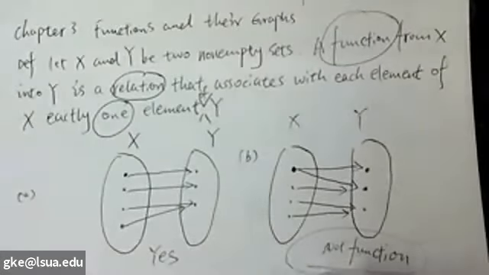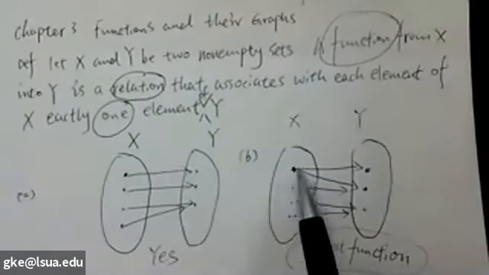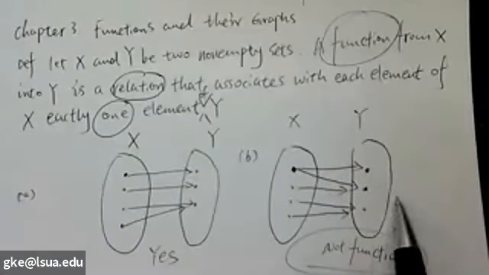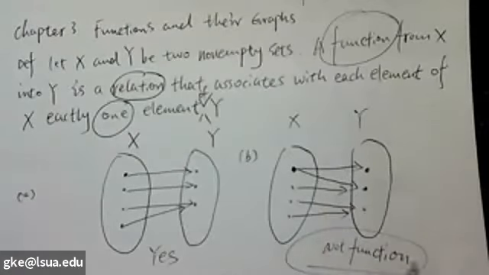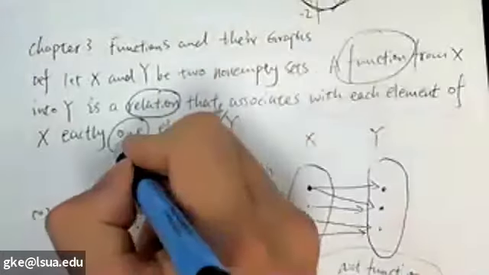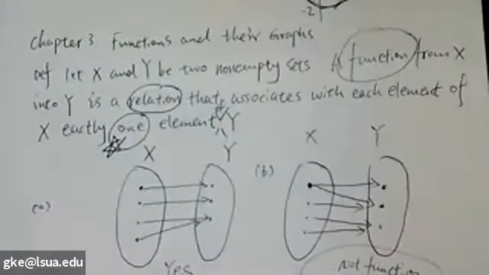However, this other one is not a function because this element has two elements in Y. So that means this is the keyword: one element in Y. That's the keyword. Try to understand this.